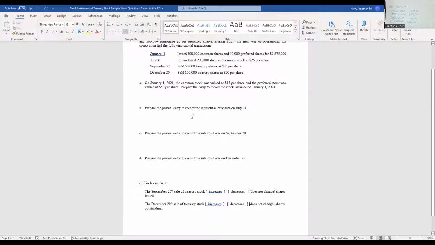Part B asks us to prepare the journal entry to record the repurchase of shares on July 31st.